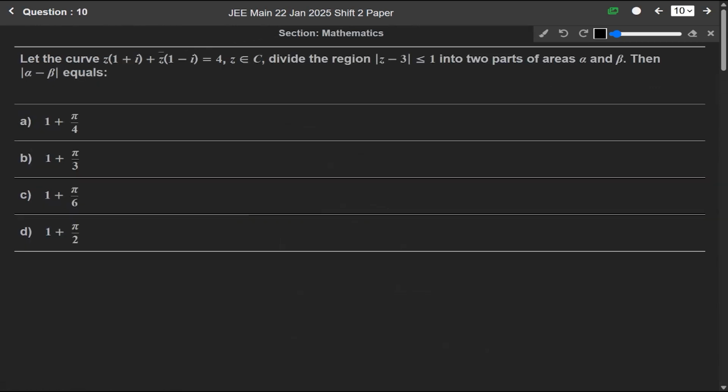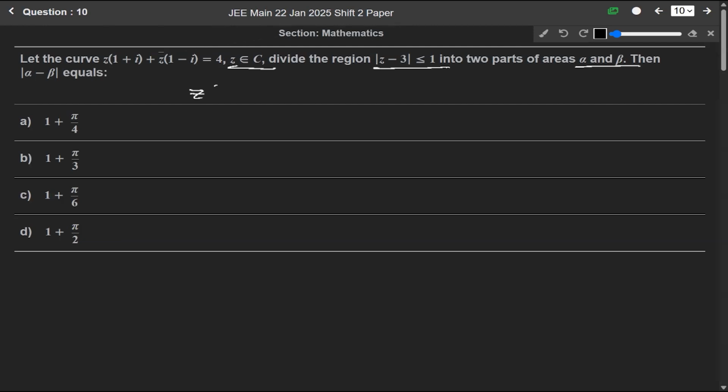Now question number 10. Let the curve z(1 plus i) plus z bar(1 minus i) equals 4, where z belongs to C, the complex numbers. Divide the region modulus of z minus 3 less than or equal to 1 into two parts of areas alpha and beta. Then modulus of alpha minus beta is. Okay.